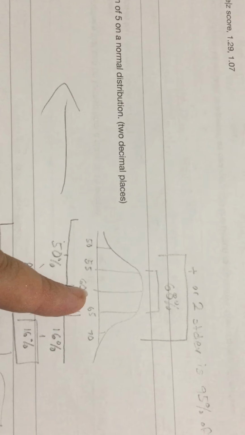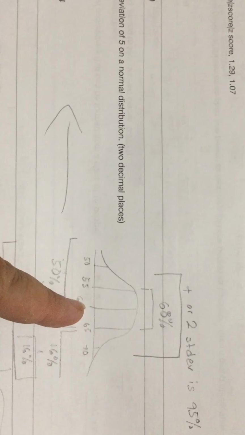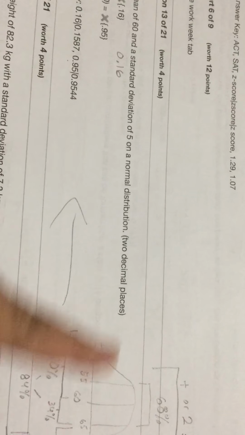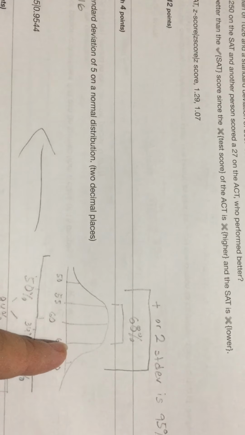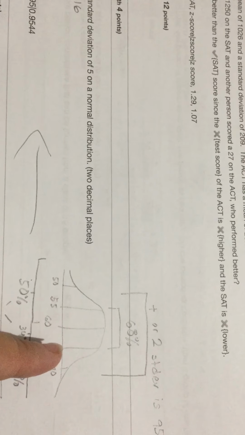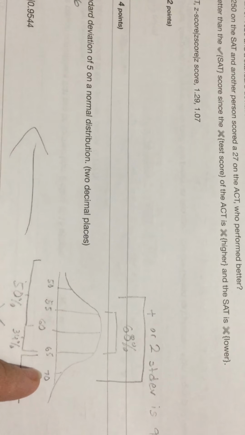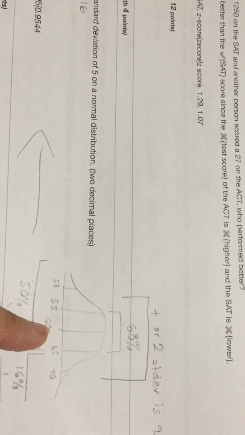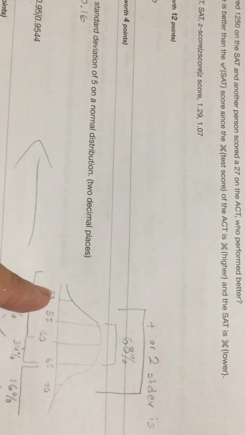So if we're drawing that the mean is 60 in the middle and the standard deviation is 5 on a normal distribution, each line goes plus 5. So 60 plus 5 is 65, plus 5 is 70. And on the other side, going down, minus 5 is 55, minus 5 is 50.